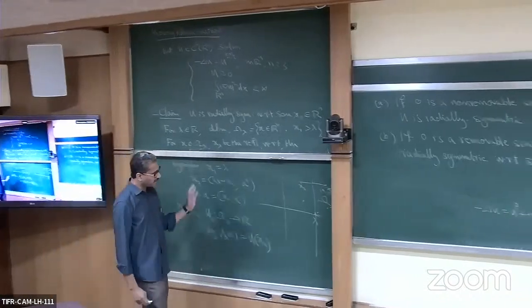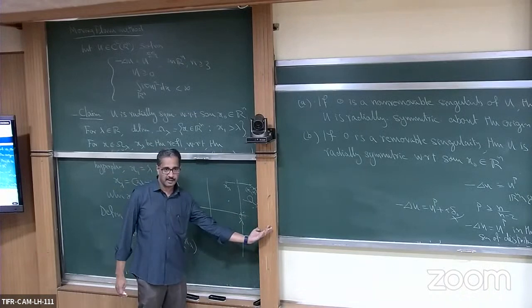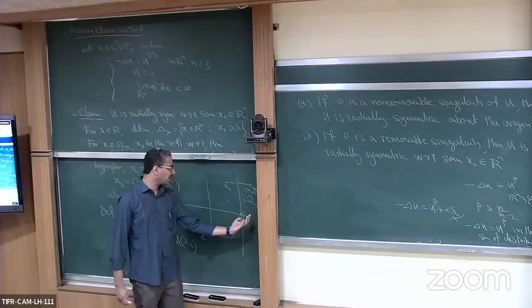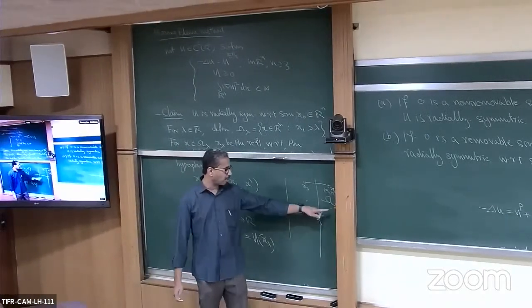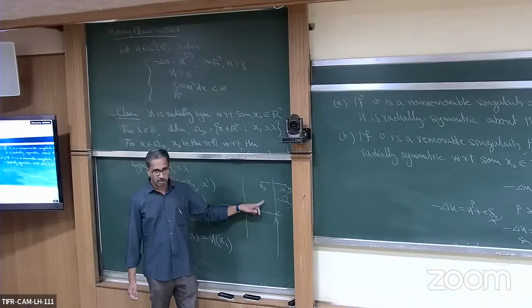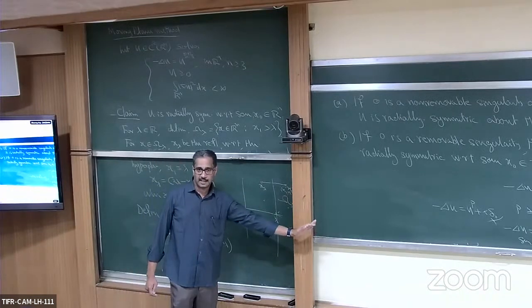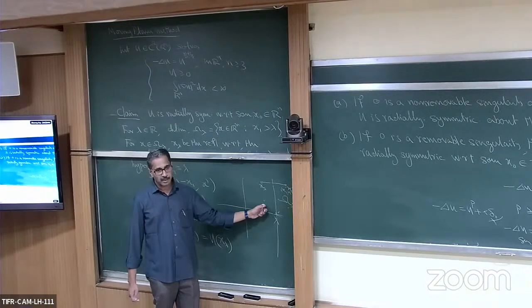Now assume that the function is radially decreasing. Then what do you expect between the values of v lambda and u? You take a point here, and suppose the function is radially decreasing. Then at the reflected point, it is going to be bigger or smaller? Bigger, right?